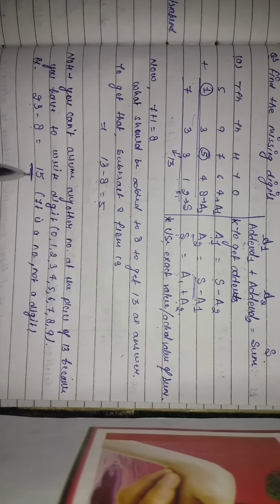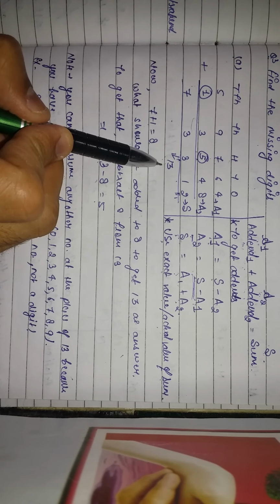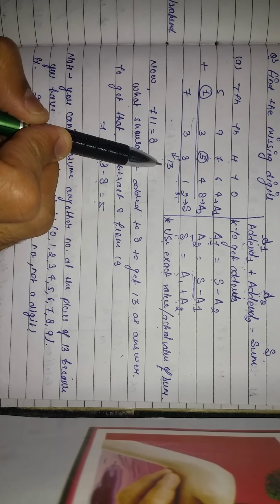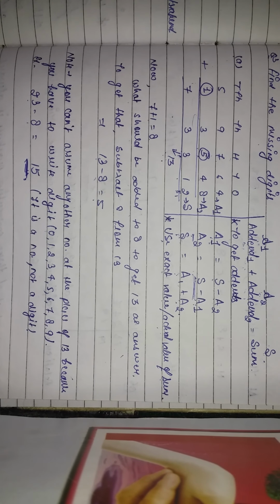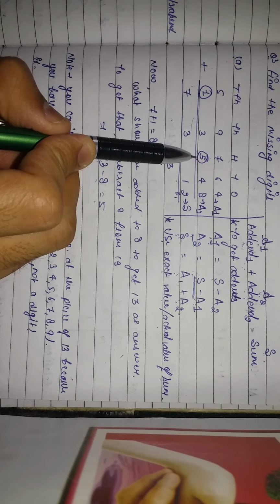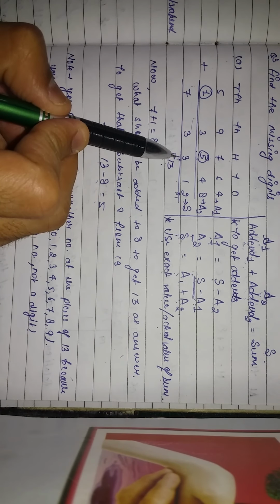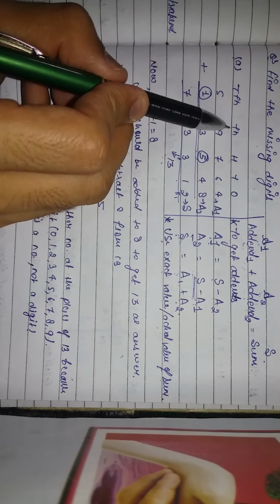Now this 15 is a number, not a digit. That is the reason I have used 13 only here. So before making an assumption you should be clear with your concepts whether what you are using is correct or not.